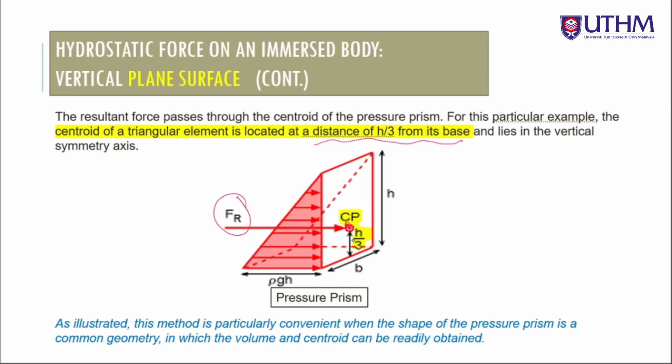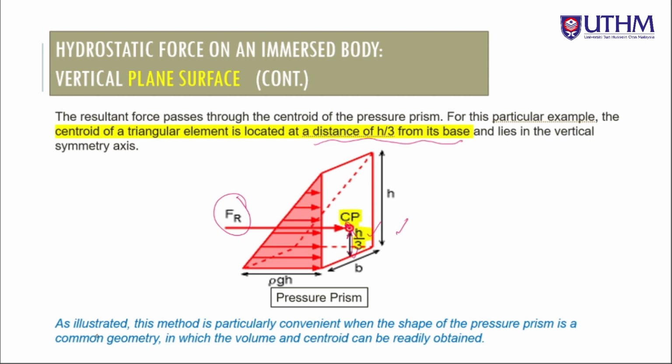So center of pressure dia adalah the centroid of triangular element is H/3 daripada sini. Okay, so this is actually the center of pressure dia lah, and 1/3 daripada base. Yang ni if let's say bentuk dia triangular macam ni lah, dia simple, pengiraan dia lebih mudah. Okay, and lies in the vertical symmetry axis.